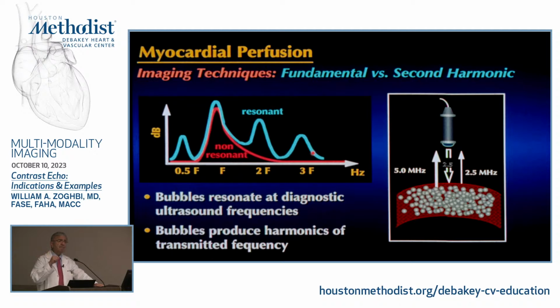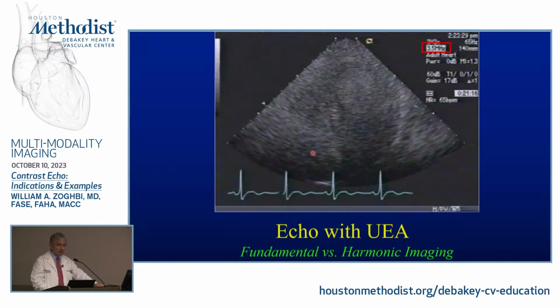So let's say I image at 1.5, that's what I'm sending. And if I'm listening at a harmonic, which is 2 times 1.5, second harmonic, I'm going to emphasize the structures that are much more resonant than others. And we know contrast is much more resonant than myocardium, so you're going to emphasize the contrast much more than the myocardium per se. Okay? And so they produce harmonics.